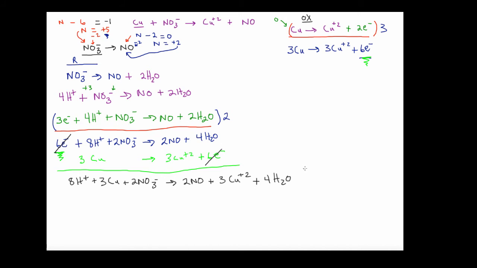So in the basic method, what we do is we run all the steps down through the acidic method, and now what we need to do is titrate or add hydroxide ion to both sides of this equation to cancel out all of the hydronium ion. That's this right here. So we're going to add 8 hydroxides to the right side, or excuse me, to the left side of my reaction.